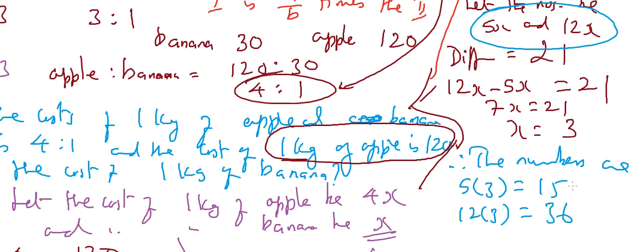Okay, so these are the two numbers. You can verify: what is the difference between 15 and 36? It's 21. Okay, it's correct.